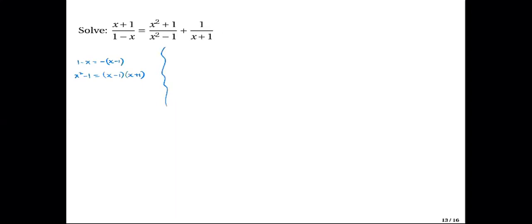So on the left-hand side, you have x plus 1 over 1 minus x. We multiply this by x squared minus 1. On the right-hand side, we have x squared plus 1 divided by x squared minus 1 plus 1 over x plus 1. We multiply this by x squared minus 1 to retain the equality.